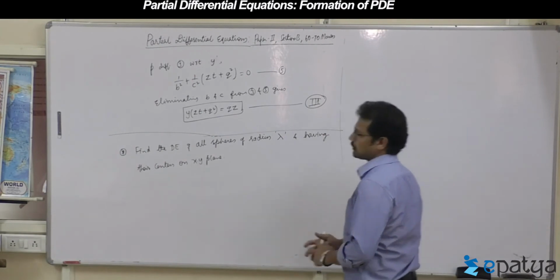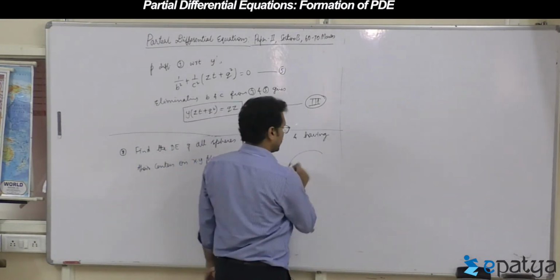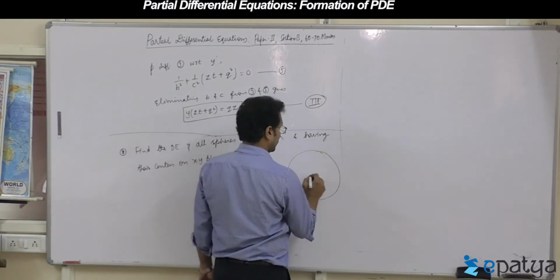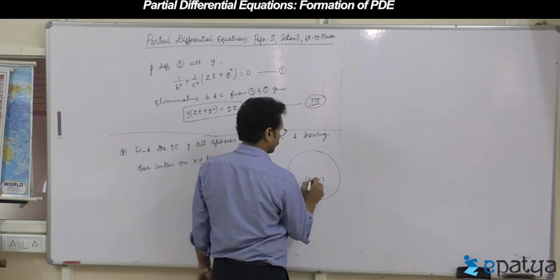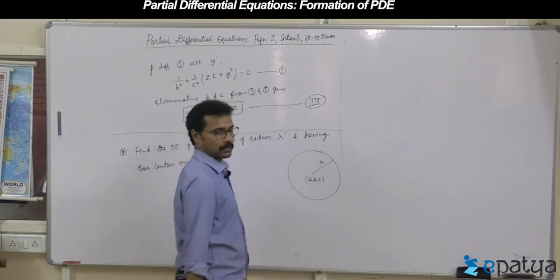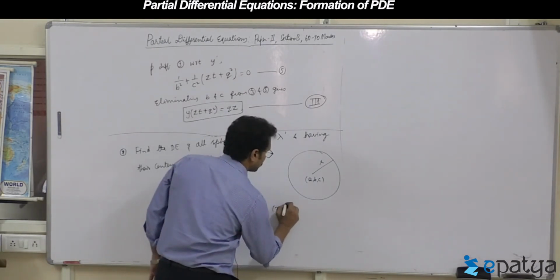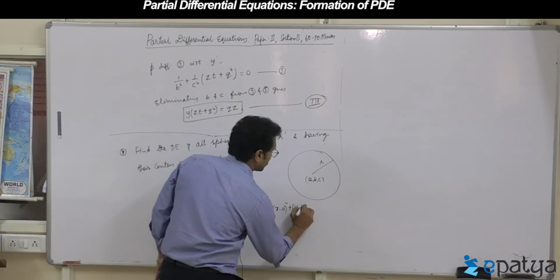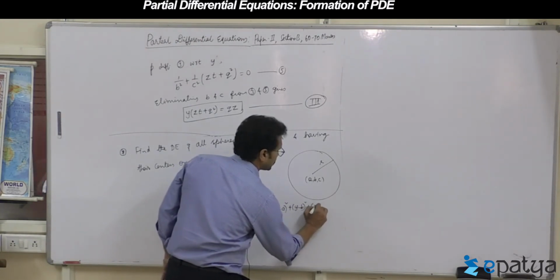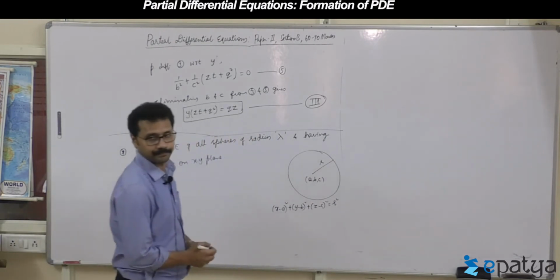First of all, how do they look like? Sphere is center at a, b, c, radius equal to R, suppose. So such a sphere looks like (x minus a) whole square plus (y minus b) whole square plus (z minus c) whole square equal to R square.